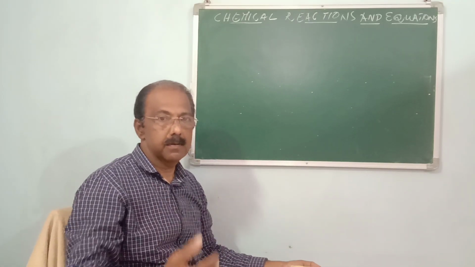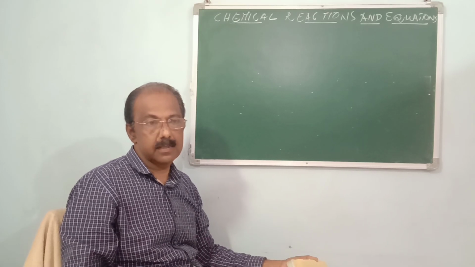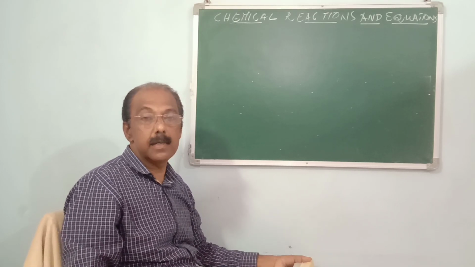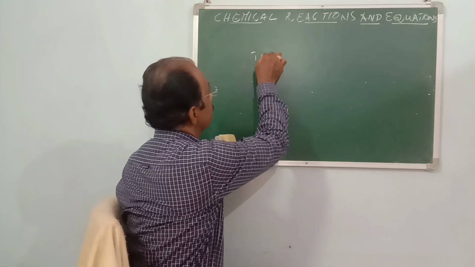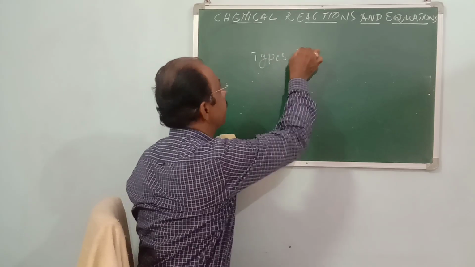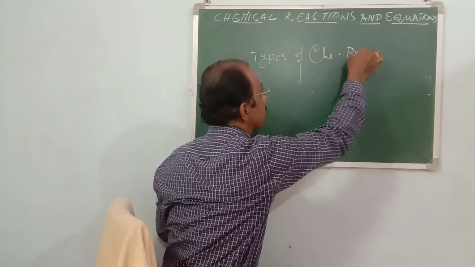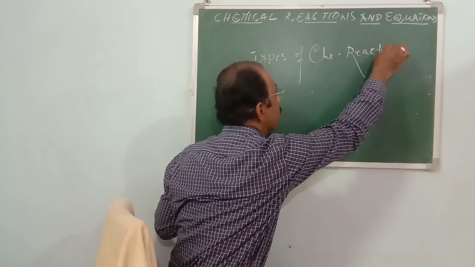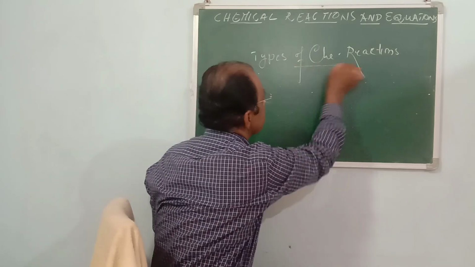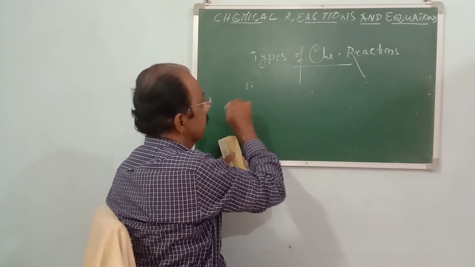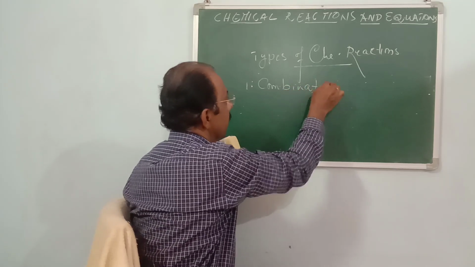The next topic, we come to the different types of chemical reactions. There are mainly six types of chemical reactions we learn. One is combination reaction.